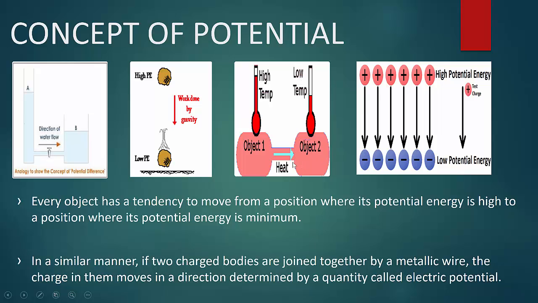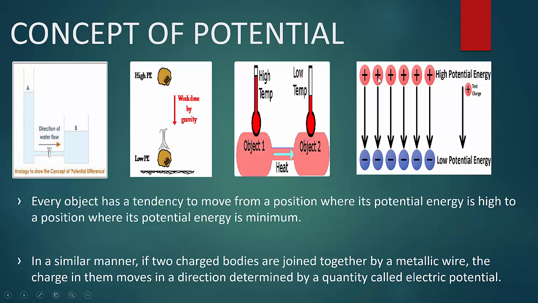When they are connected, heat flows from higher temperature to lower temperature. From these three figures we can see that the direction of flow is always from a higher level to a lower level of energy: higher potential energy to lower potential energy, higher temperature to lower temperature.